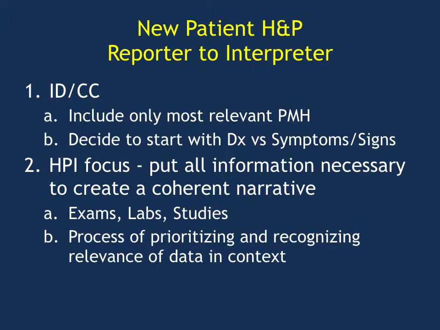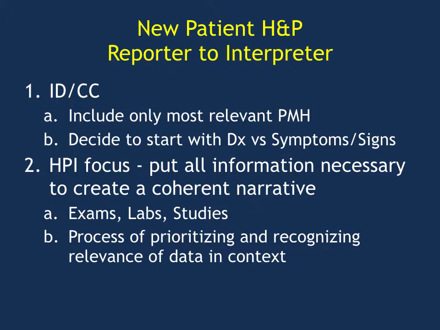The first point of focus is the identification of chief complaint, the one-liner. And basically, there are two things that we can encourage our learners to help them become better at interpreting. First is to include only the most relevant past medical history in this one-liner, meaning think about what in the past medical history or comorbidities would affect their treatment or are heavily important in considering their diagnosis.